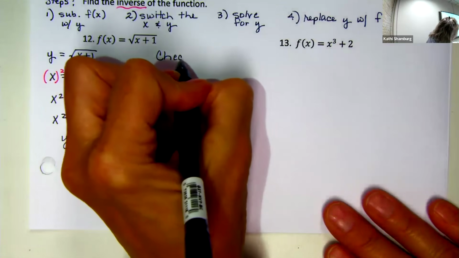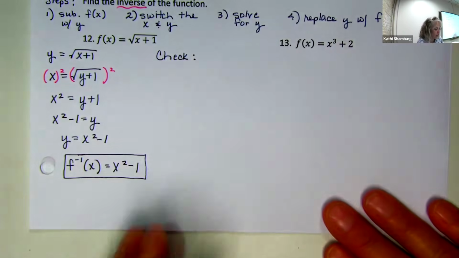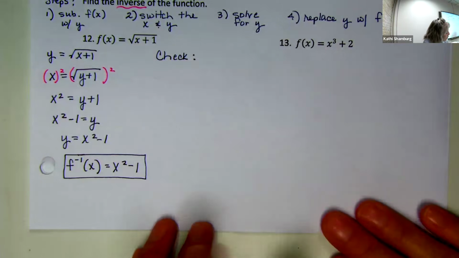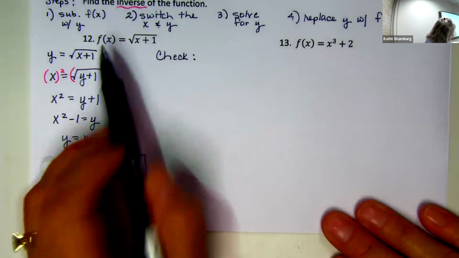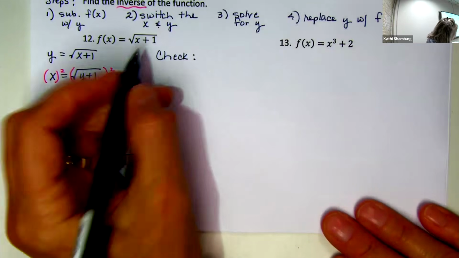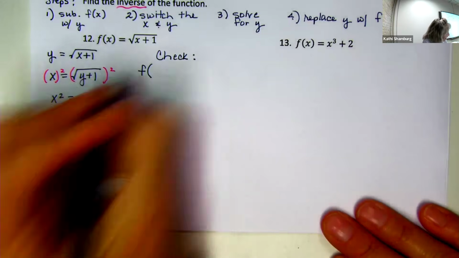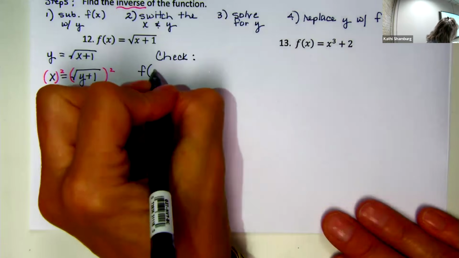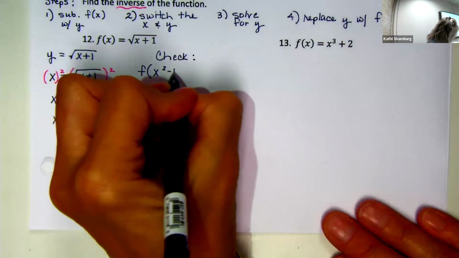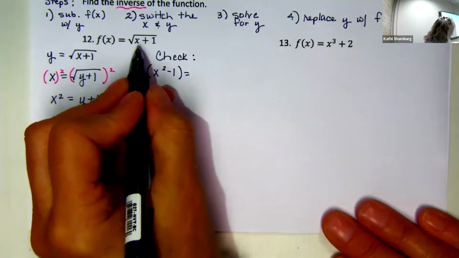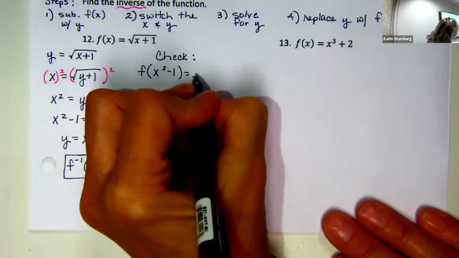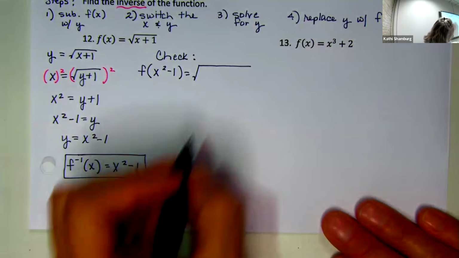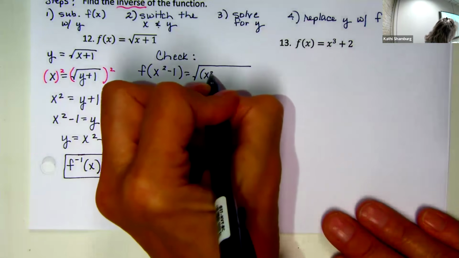We can always check to make sure we are correct. You don't have to, but you can. Okay, so how we check it is we are going to come up here to the original equation, F at X, and we're going to put the inverse in, which is X squared minus 1. So that tells me I'm going to look at the square root of, and in place of that X, I'm going to put X squared minus 1.